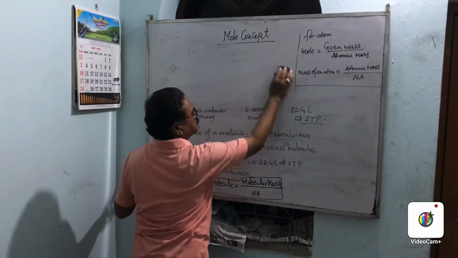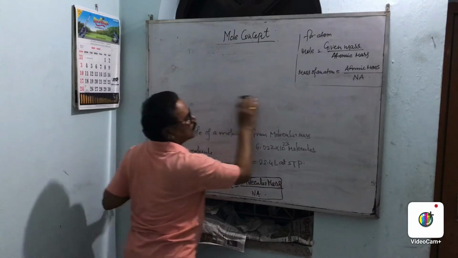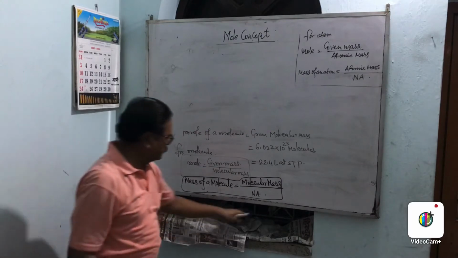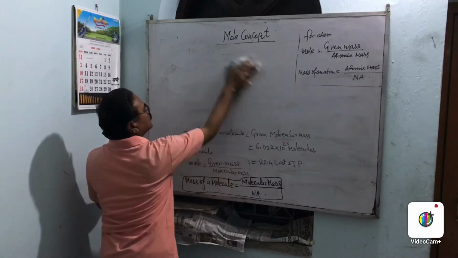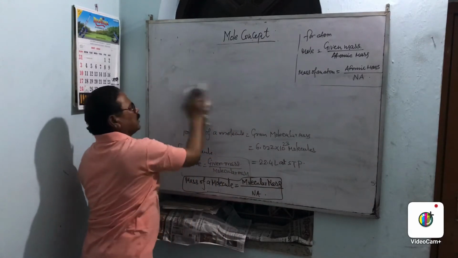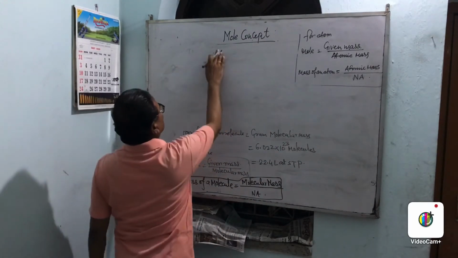So this is the formula. Now suppose we take one problem, and we can explain all the things by taking that one problem.